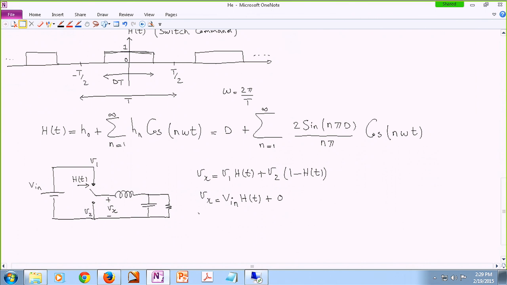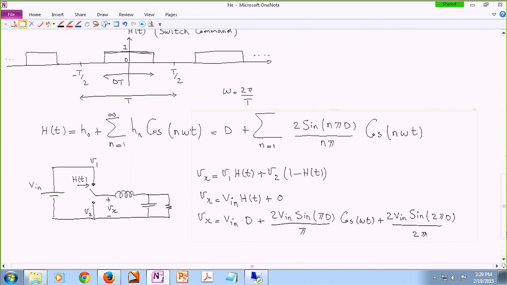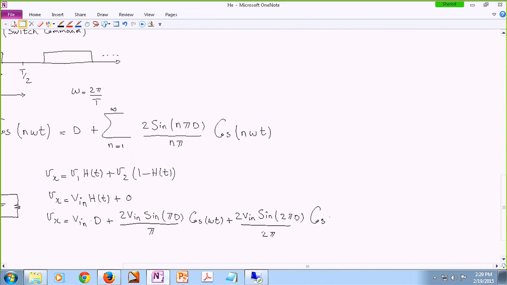So technically, Vx is Vin times D, plus 2Vin over pi times sine of pi D times cosine of omega t, plus, for instance, 2Vin over 2 pi times sine of 2 pi D times cosine of 2 omega t, and so on and so forth.